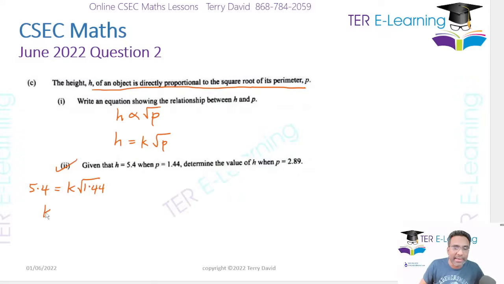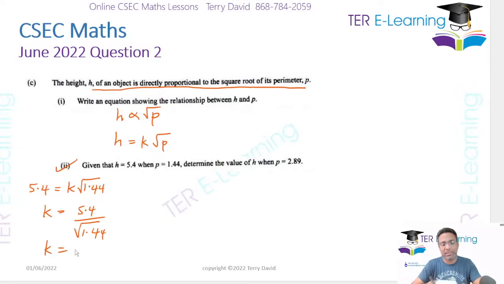So therefore K is equal to 5.4 divided by the square root of 1.44. So that's 5.4 divided by second function square root 1.44, and I'm getting K as 4.5.